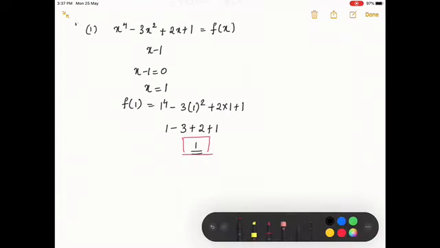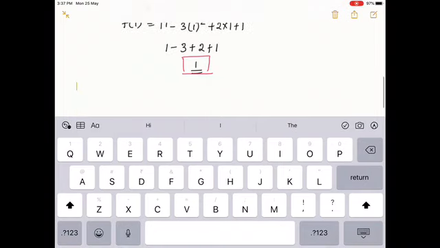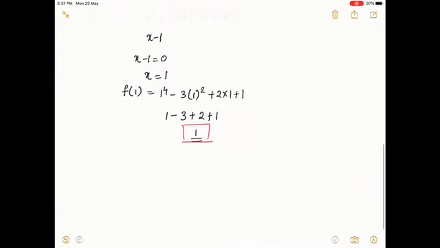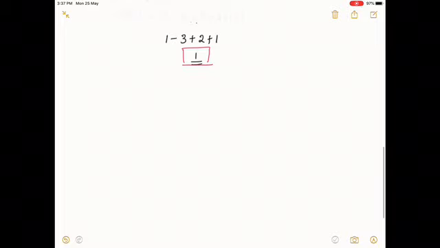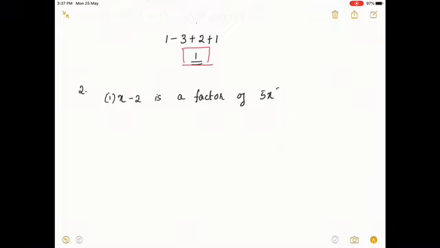Now let me do the second question. Show that x minus 2 is a factor of 5x square plus 15x minus 50.